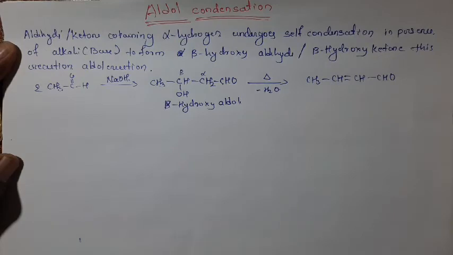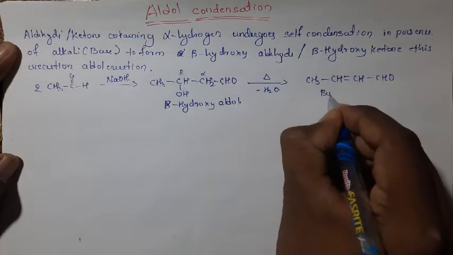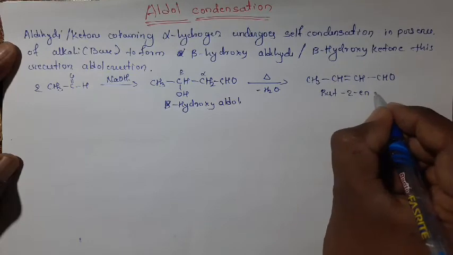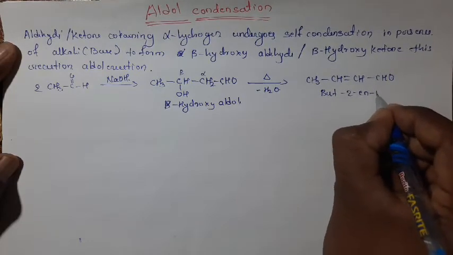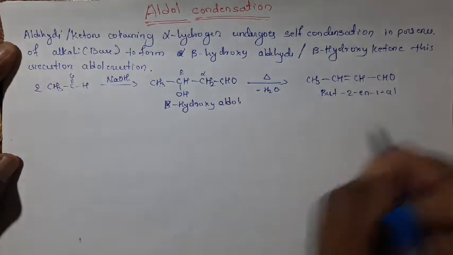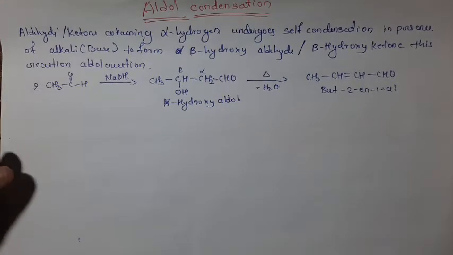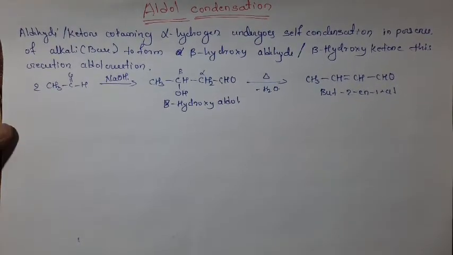This is called an alpha beta unsaturated aldehyde, the alpha beta unsaturated product. This reaction is called the aldol condensation reaction.